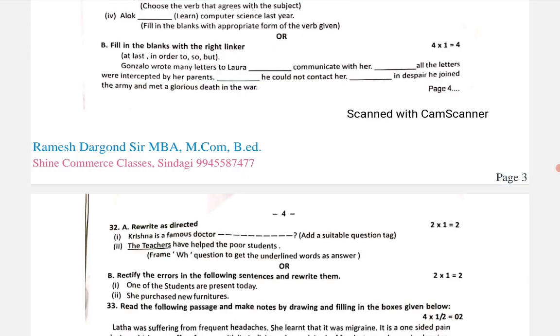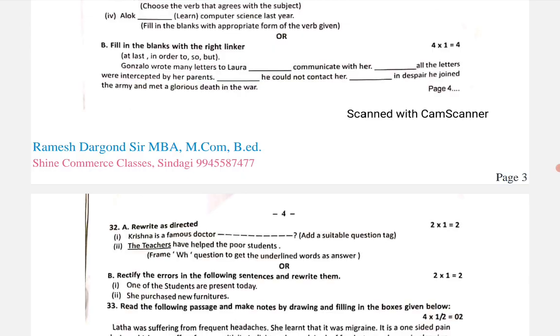But all the letters were intercepted by her parents. So he could not contact her as a result. So 'as a result', 'thus', they use words like this. Okay, at last, in despair he joined the army and met a glorious death in the war.